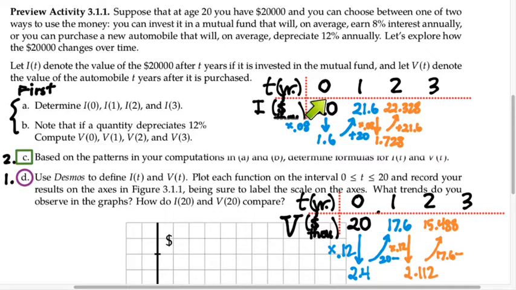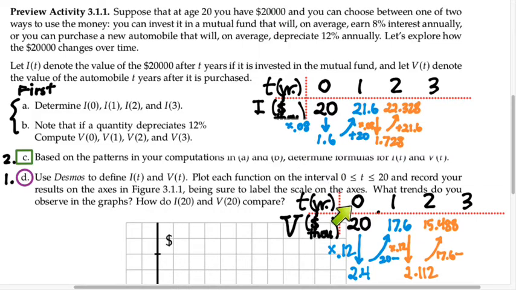In this problem, we have an investment that starts out at $20,000 and then earns 8% every year. At the end of the first year, 8% of that 20,000 is 1.6 thousand, added into my 20 gives me 21.6 thousand. At the end of the next year, we've taken 8% of 21.6 this time and added that amount into the 21.6 to get the new total. Then we'll take 8% of that amount and add it in and get the next total and so forth.